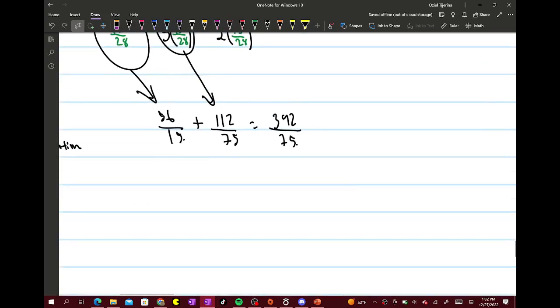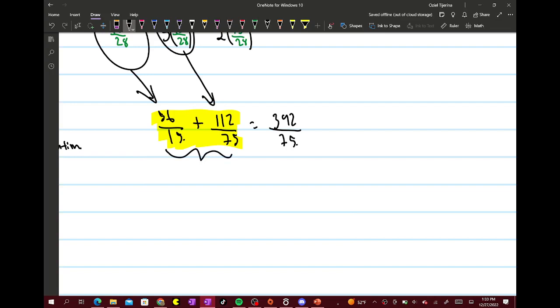And if we add these two together with a calculator, I mean, you can do it by hand, but it would take me longer. 56 over 15 plus 112 over 75 would be 392 over 75.